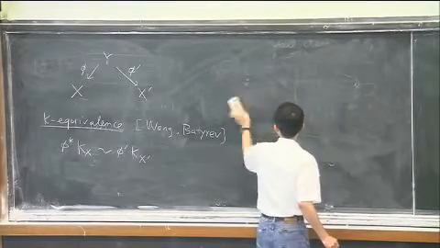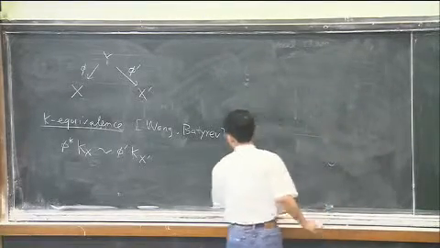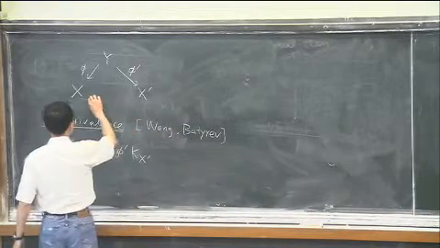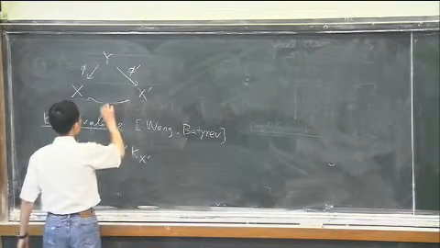And they are of course birational. So these two, X and X prime, are birational.